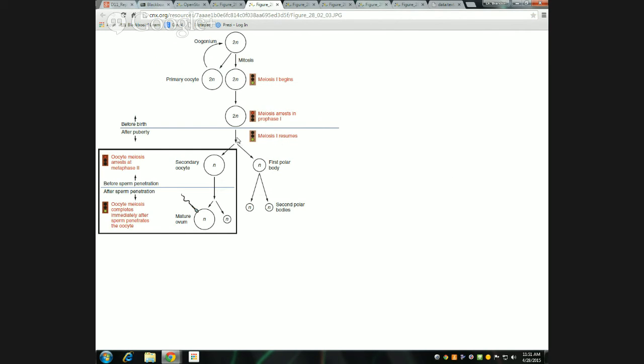So after puberty, the cell that is diploid here at the beginning completes meiosis, goes through the other phases after prophase 1, and divides into 2 cells. These are denoted as haploid because half of the chromosomes from this cell go in here and half of the chromosomes go here.